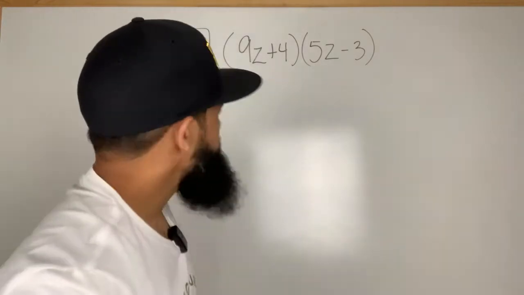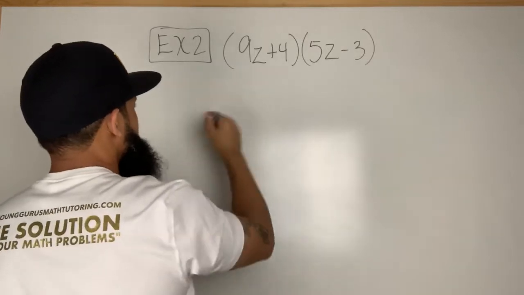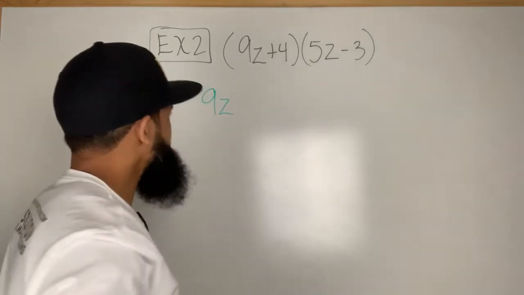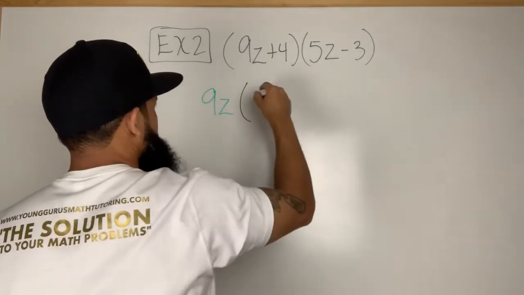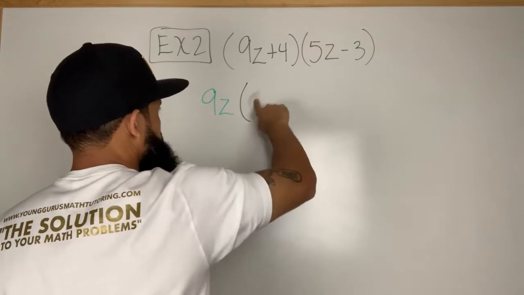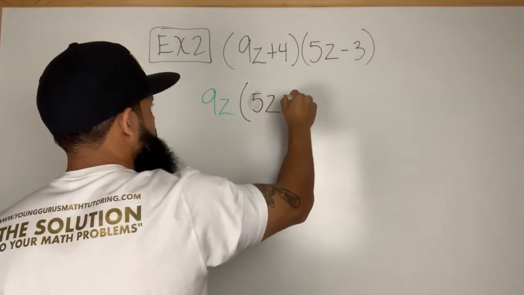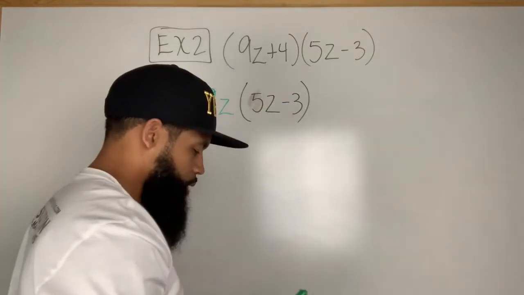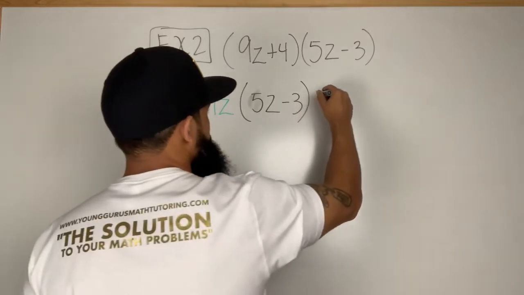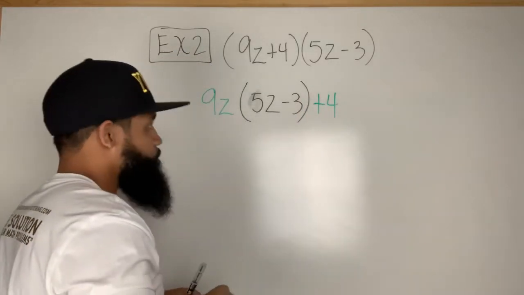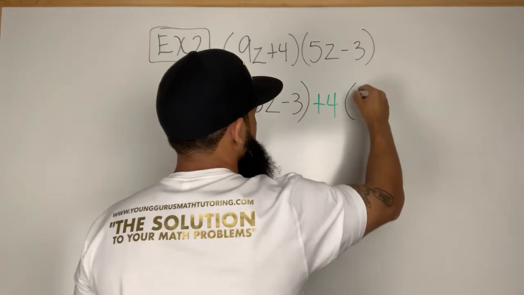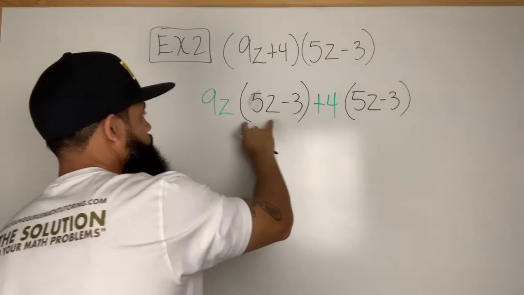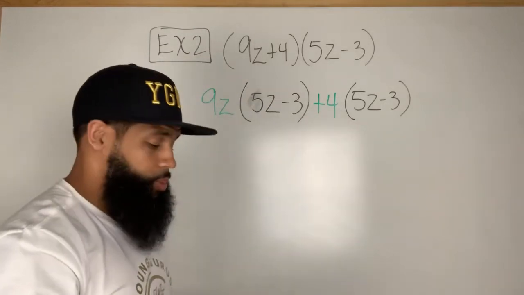So let's take the 9z, and I can multiply that by the second one, 5z minus 3. And then I'll bring down the second term, plus 4, and distribute that to the second one as well, 5z minus 3. I'm going to do the distributive property here, the distributive property there, and then combine like terms.